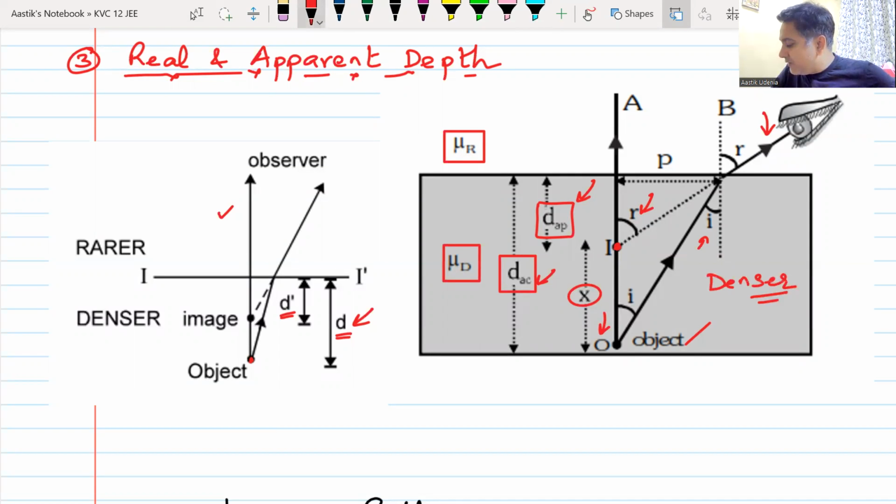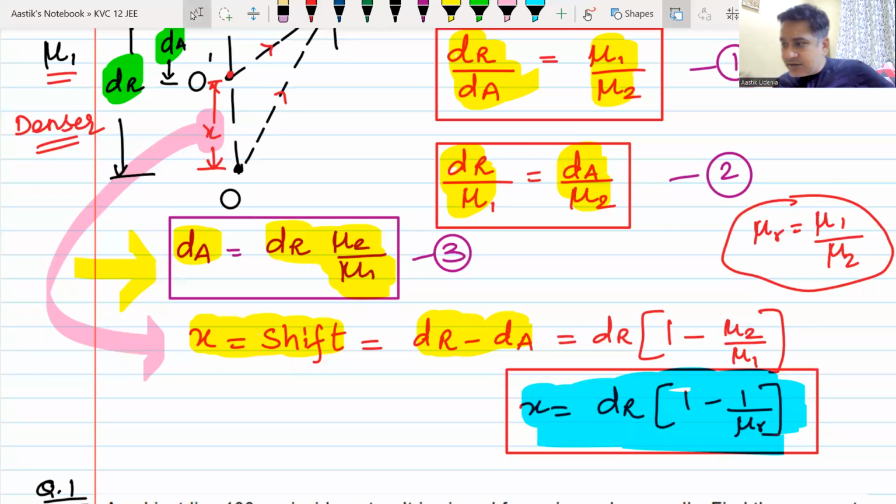And we had seen the formula which we can apply, whether it is going from denser to rarer or coming from rarer to denser. The formula was d real divided by d apparent is mu1, the first medium, divided by mu2, the second medium. Yes or no? Do we remember this?